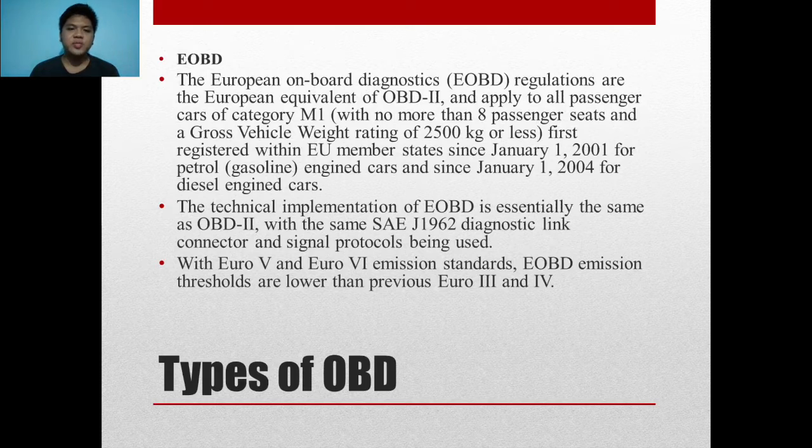EOBD, the European On-Board Diagnostics regulation, is the European equivalent of OBD2 and applies to all passenger cars of category M1 with no more than 8 passenger seats and a gross vehicle weight rating of 2,500 kilograms or less, first registered within EU member states since January 1, 2001 for petrol engine cars, and since January 1, 2004 for diesel engine cars.